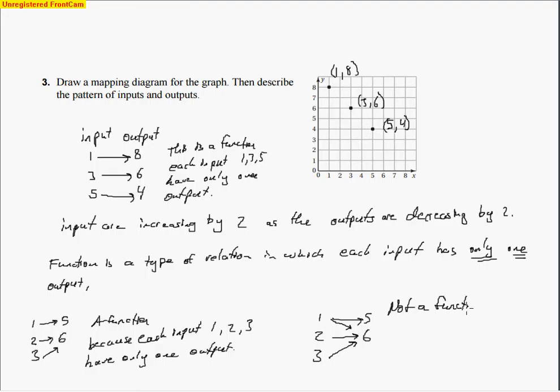It's because the input 1 has two outputs. And that makes it not a function, because when I go ahead and plug a number in for 1, I get an output of 5, but I also get an output of 6. And so it's not a function.